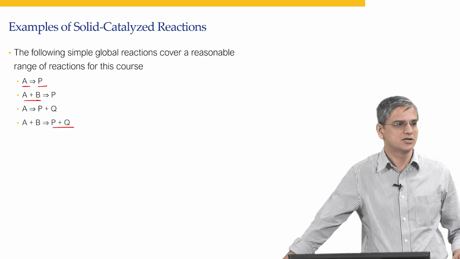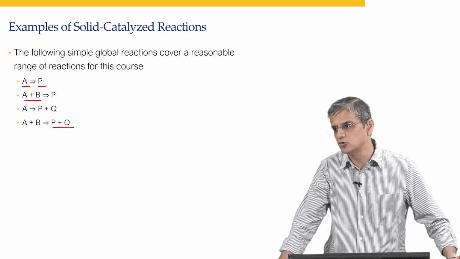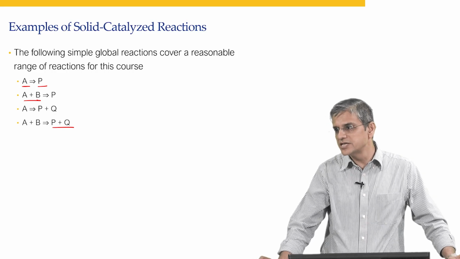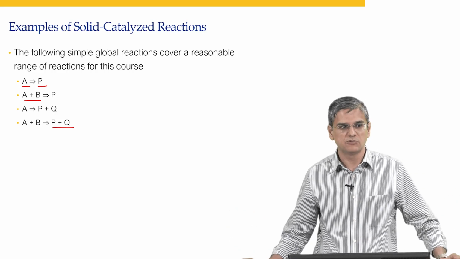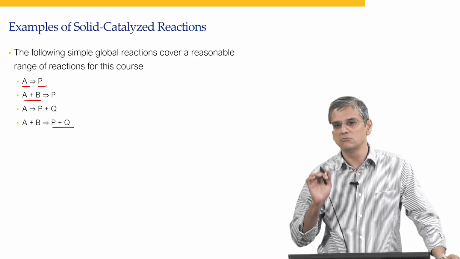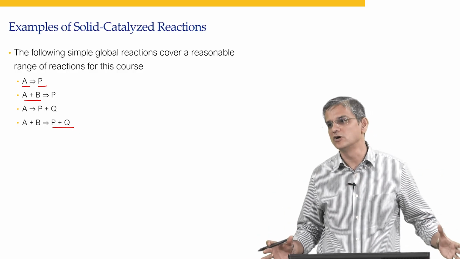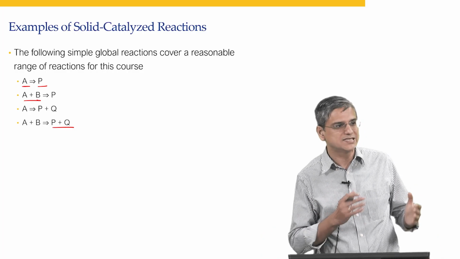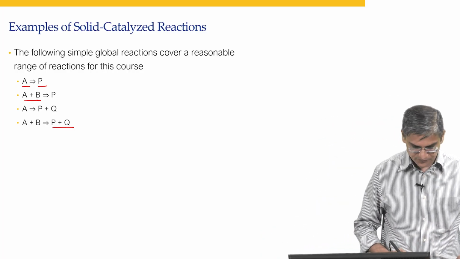ABC is so that you realize that the concepts are more general, things like ammonia and water gas shift and so on are to ensure that we do not miss why we are doing all of this. We are doing all of this because it has practical significance.